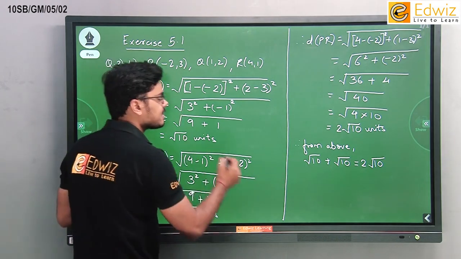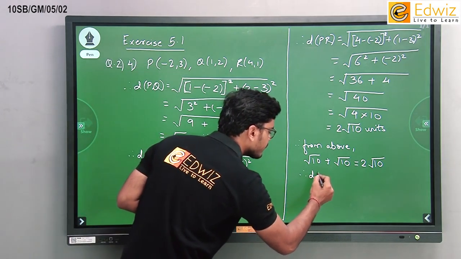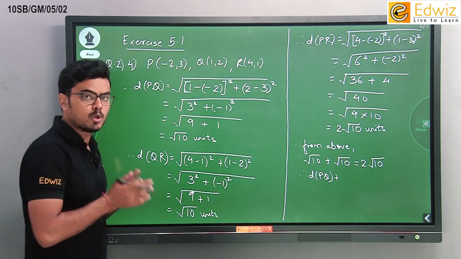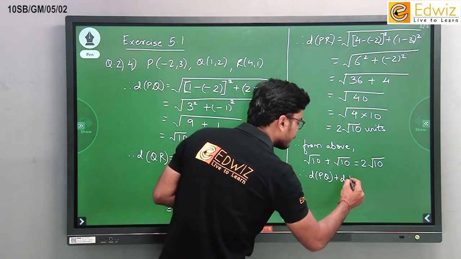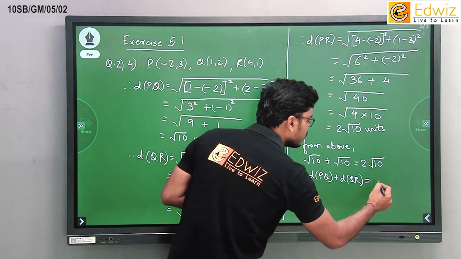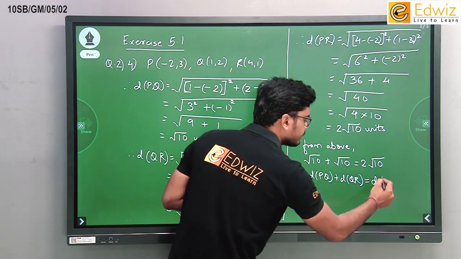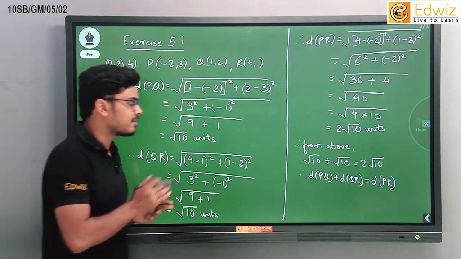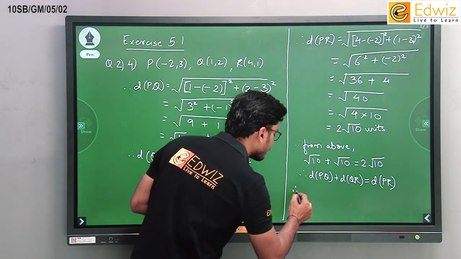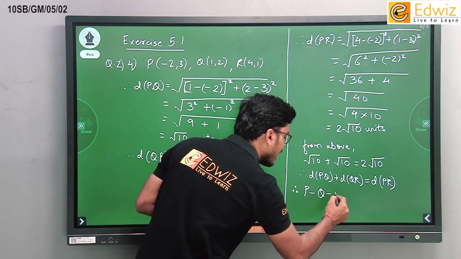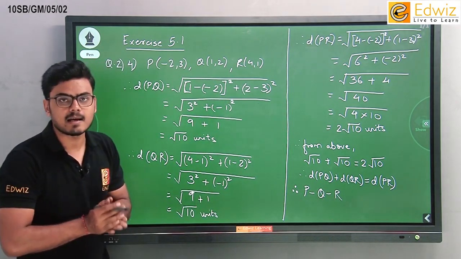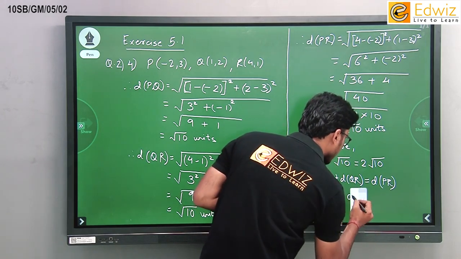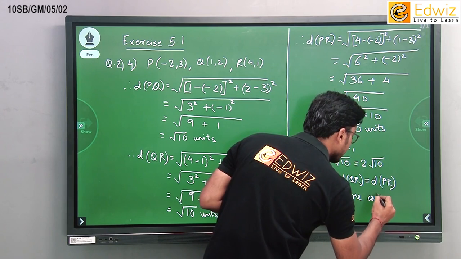First square root of 10 is distance PQ plus second square root of 10 is distance QR. So distance PQ plus distance QR will be equal to distance PR. That means the given points are collinear. The final statement will be therefore P, Q, R in this sequence exactly are collinear points.